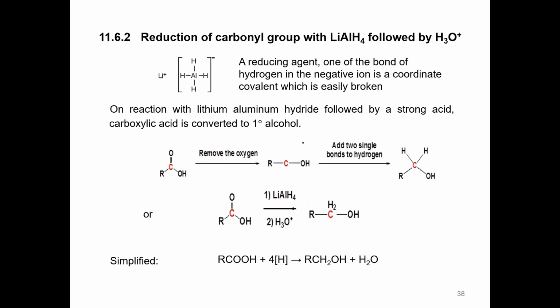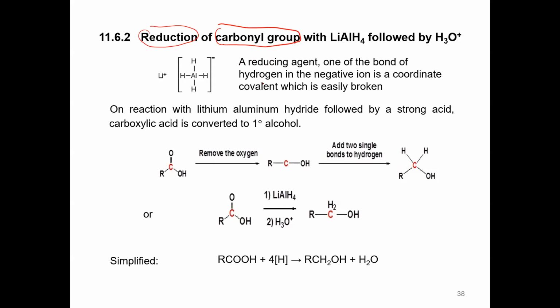Alright, so the next reaction, reduction of carbonyl group with lithium aluminum hydride followed by H3O plus. So what will happen here is the reaction occurs at the carbonyl group. Only there will it change, because it involves reduction. Earlier we saw the 3 reactions involving carboxylic acid.